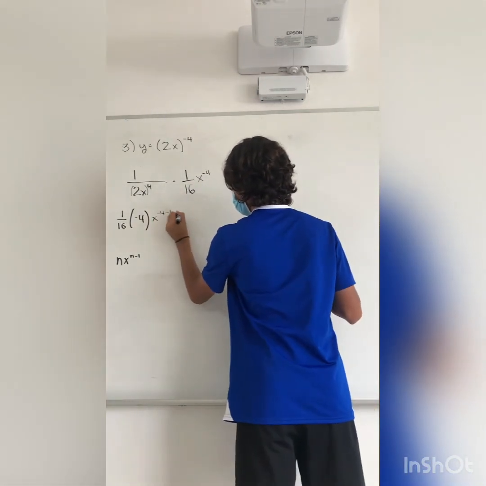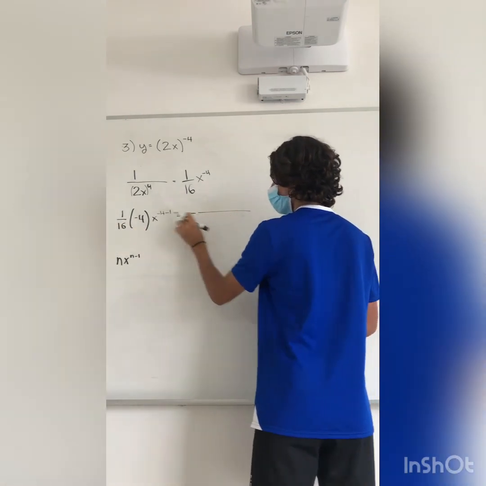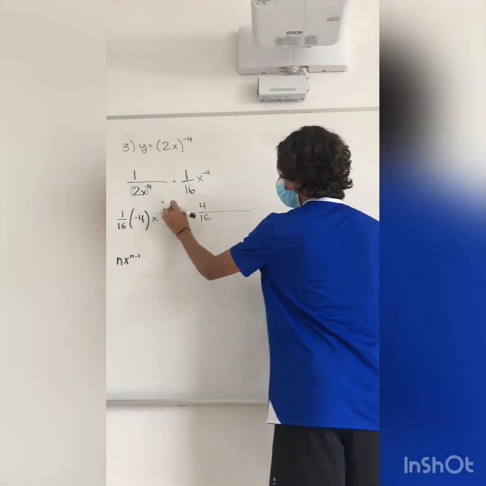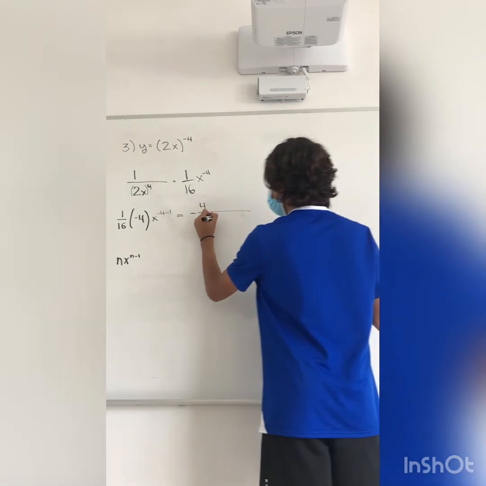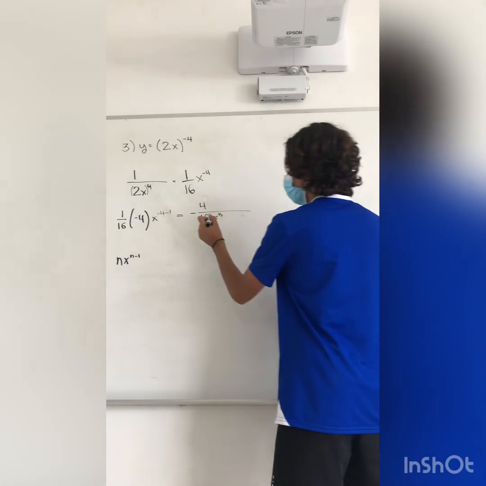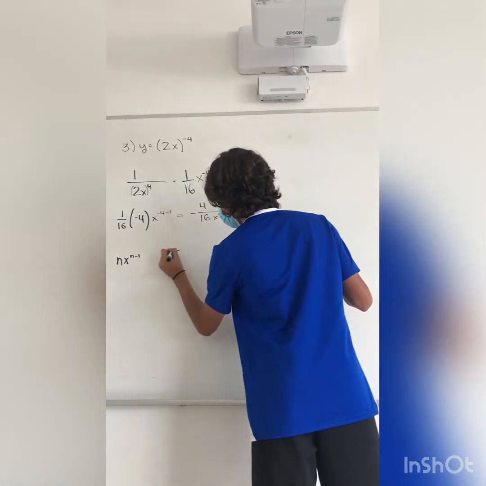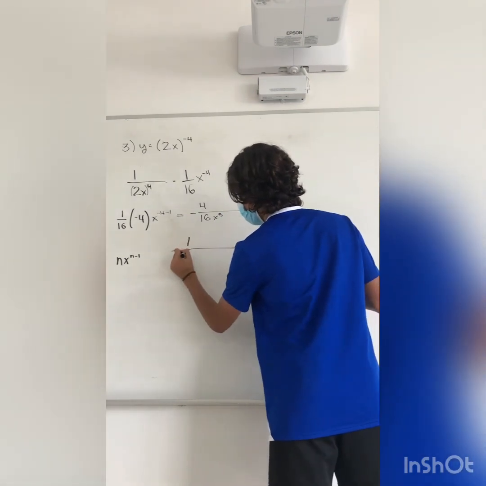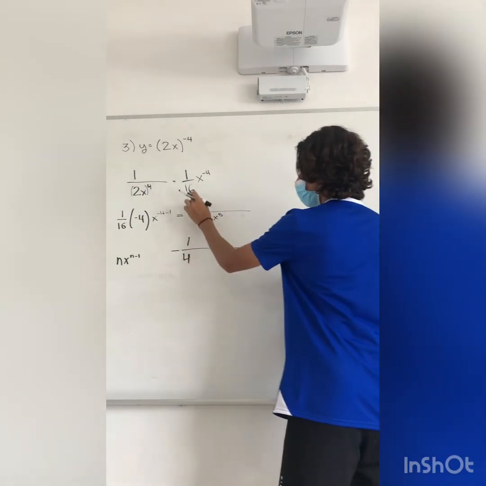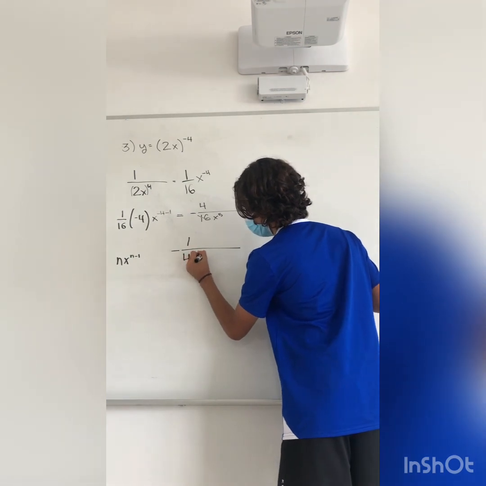So we can see that it goes to -4 over 16, and the x goes x to the -5, so it's x to the 5 in the part that is down. Now that we have this, we can even simplify it, so our final result is 1 over 4, because 16 over 4 is 4, and 4 over 4 is only 1, and the x to the 5.